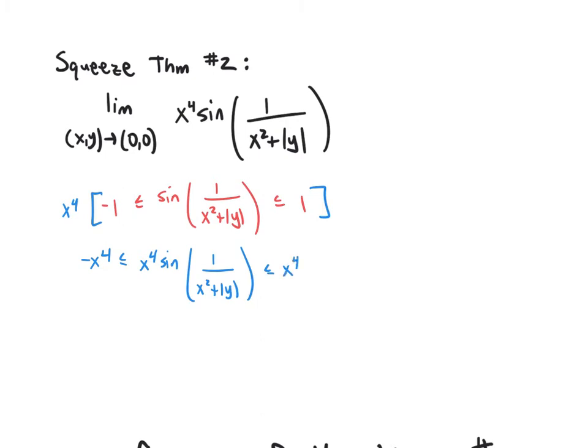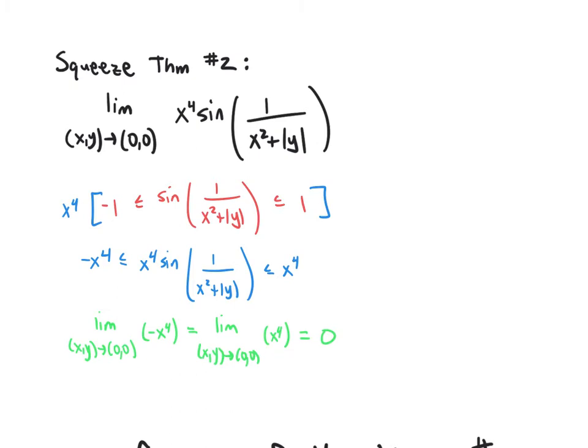And we're going to take the limit as x, y goes to 0, 0 of -x to the fourth, which happens to be exactly the same thing as the limit as x, y goes to 0, 0 of positive x to the fourth, which both are equal to 0.